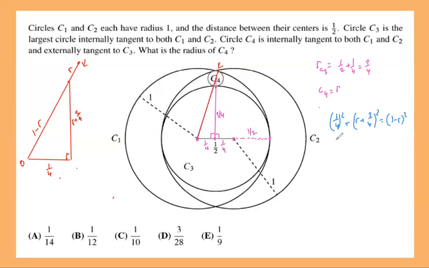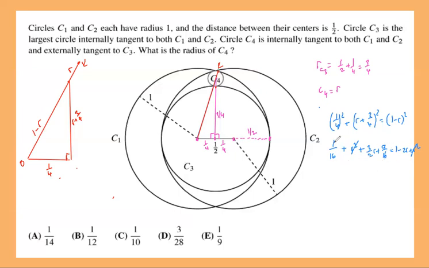If you expand those, you get 1/16 plus R squared, plus 2 times these two numbers, which is 3/2 R, plus 9/16. And that equals 1 minus 2R plus R squared. I used the square of a binomial to expand this, which is useful and really nice since the R squares cancel conveniently. So we got those out of the way.